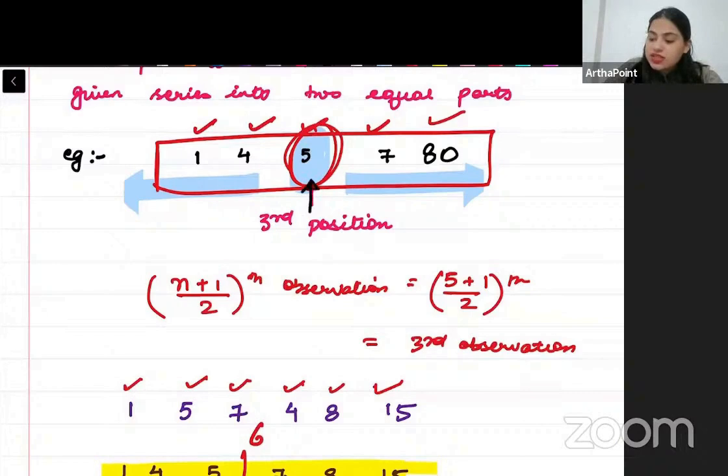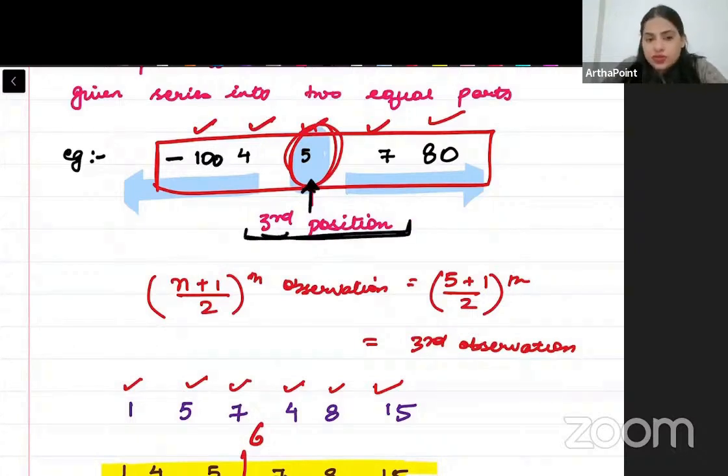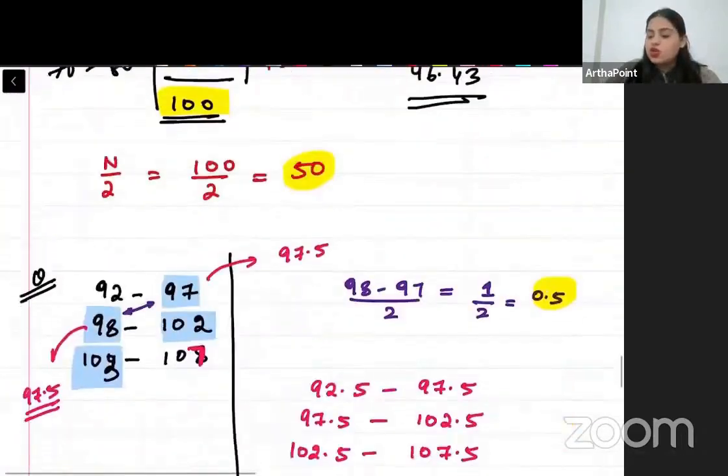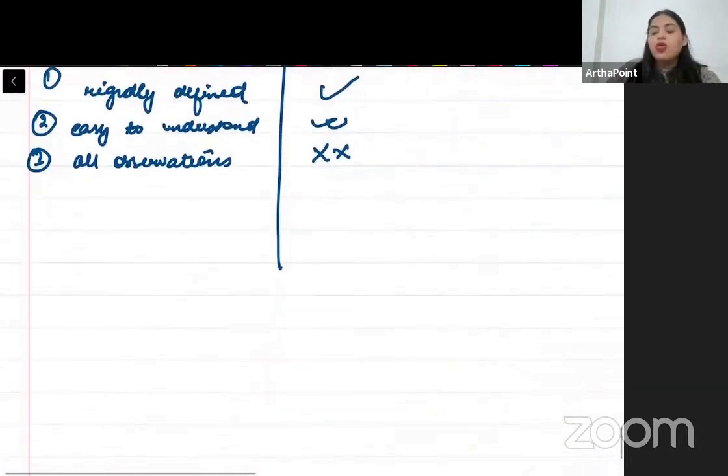It is just based on the position. It does not matter what the other observations come out to be. Suppose an observation was minus 100, it does not matter. My median will always be the third position because there are 5 observations. So it is not based on all observations, and we will say no.